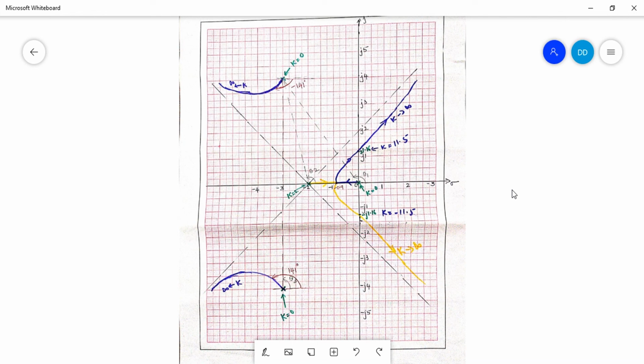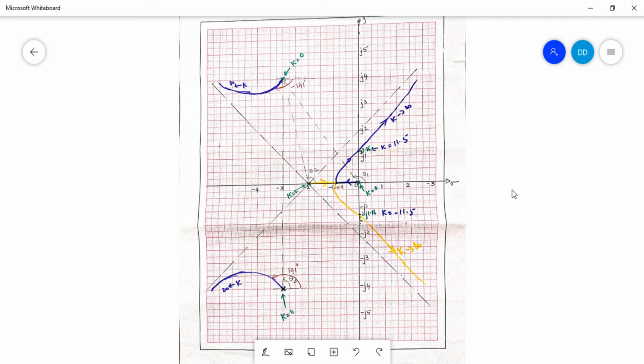So our next branch starts at minus 3 plus j4 and minus 3 minus j4. So here you have to keep in mind we have calculated the angle of departure as minus 141 degrees and plus 141 degrees. So at an angle of minus 141 degrees, you have to start the branch at minus 3 plus j4 and travel along 135 degrees as k approaches infinity.